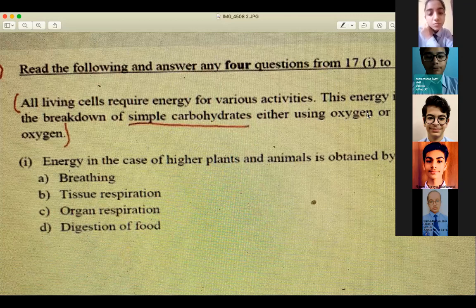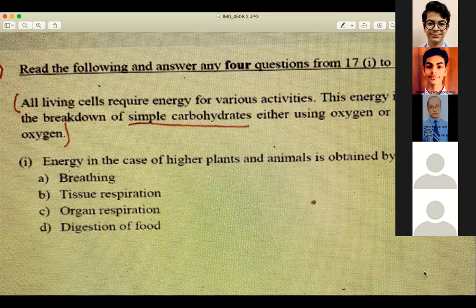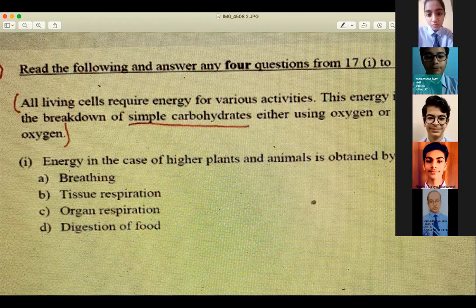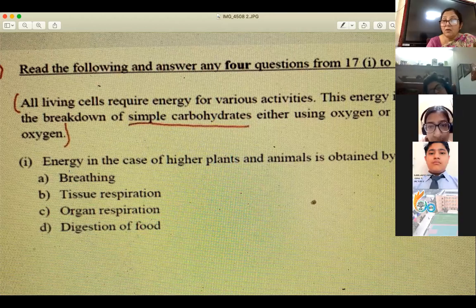Only this much information is given. Now they are asking you, energy in the case of higher plants and animals is obtained from breathing, or from tissue respiration, or from organ respiration, or from digestion of food. You have to make a choice. So which is the best option you will choose?